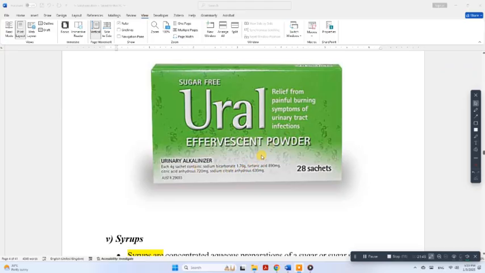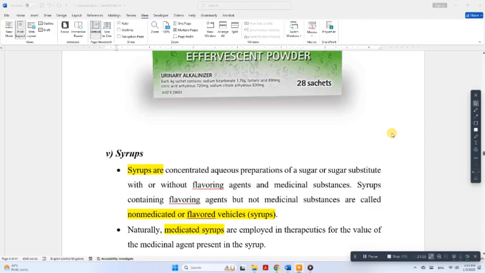Another type of solution that is given orally is syrups. What do we mean by syrup? You have to be careful here. Why do you need to be careful? Because syrup is something general, but there is something specific called simple syrup NF, National Formulary. The exact concentration of sugar in water is given in the United States Pharmacopoeia.